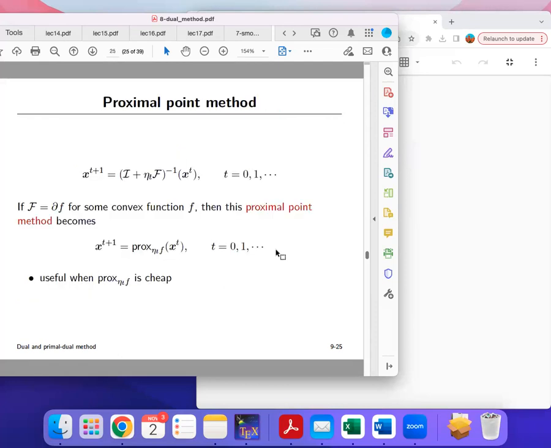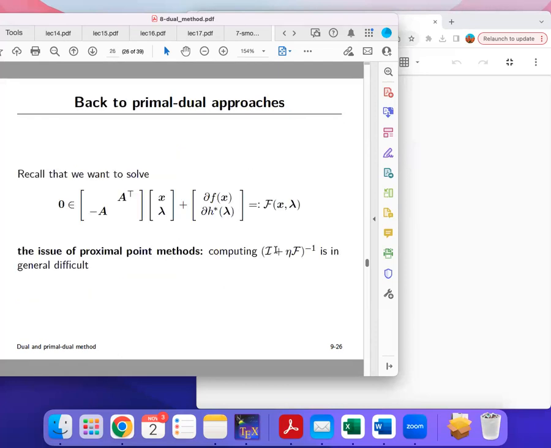However, we observe that this operator is a sum of two operators. The first one is a linear operator, which is very simple. The second one is a sub-differential operator, which might also be simple if f and h are simple functions.